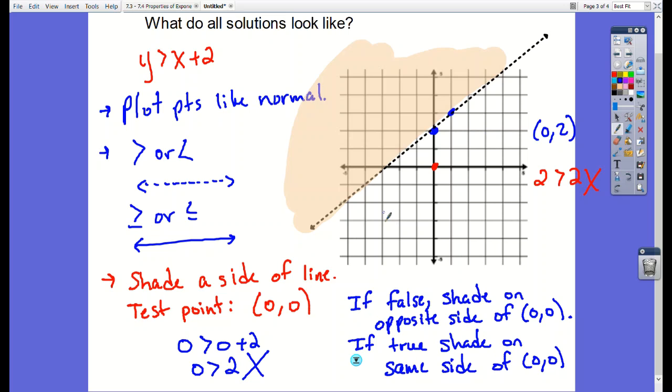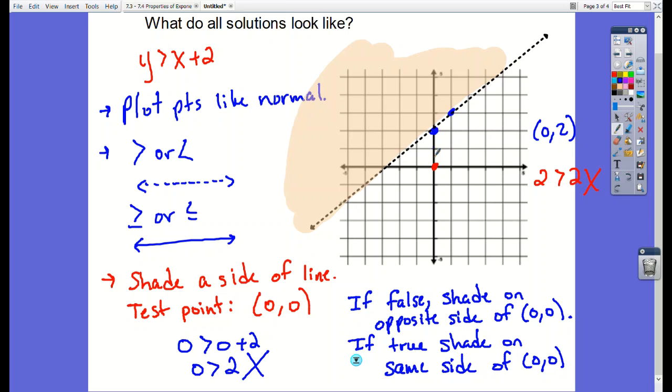If you held your pen up and dropped it on the bottom side of that graph, it doesn't matter where it fell, every point would be false. Same thing if you held your pen above that shaded side and dropped it, any point it fell on, you plug it in, it's going to make a true statement. And if you don't believe me, just pick some random point in the shaded area and plug it in, and it will in fact work. And we do that by using this test point idea.